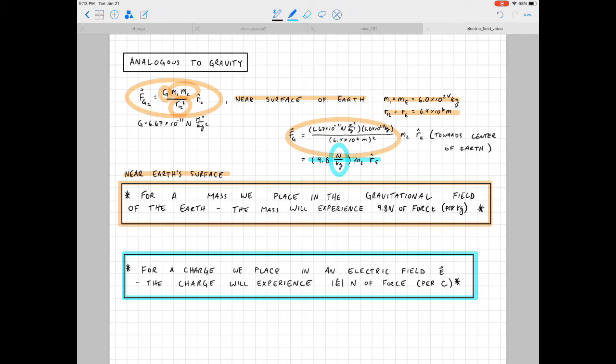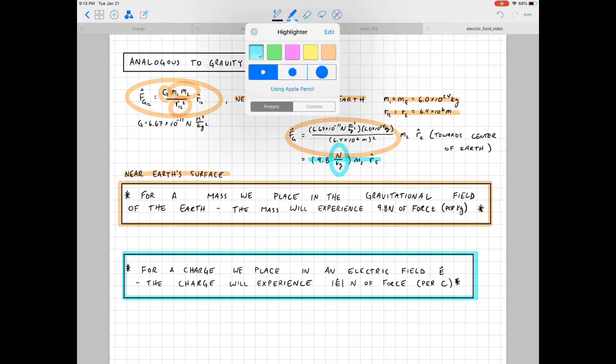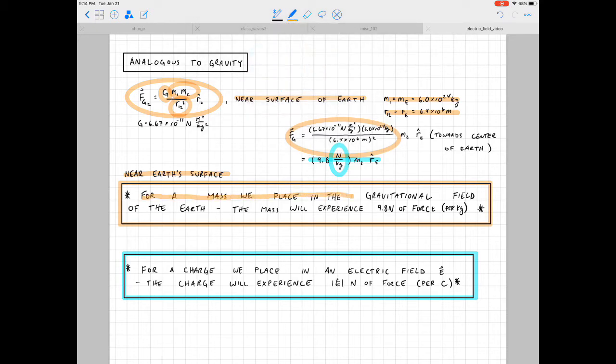But the idea here is that newton per kilogram represents the gravitational field of the Earth. So for a mass placed in the gravitational field of the Earth, the mass will experience 9.8 newtons of force per kilogram of mass.